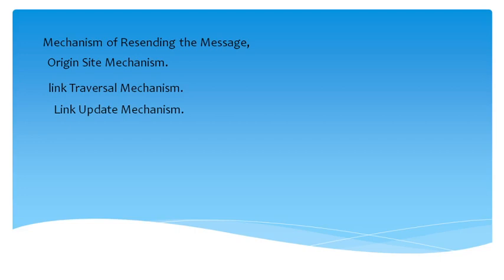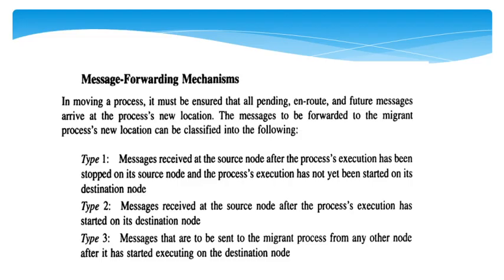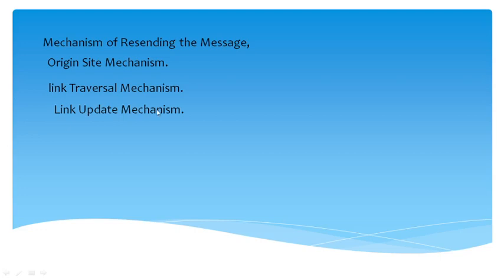The next mechanism is the link traversal mechanism. To redirect the messages of type 2 and 3 which we have discussed, the forwarding address, known as a link, is left at the source node pointing to the destination node of the migrant process.